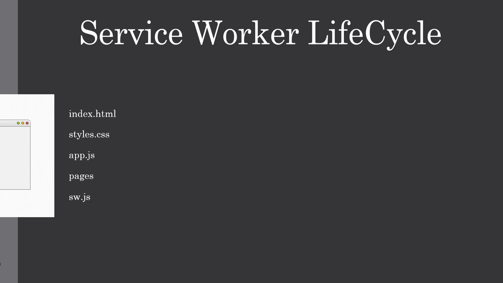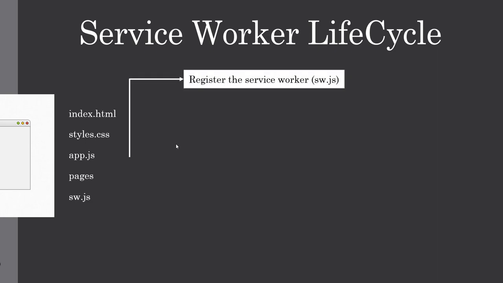So first off, for the life cycle, the app.js file will try to register our service worker, the sw.js, and it's going to invoke the install event. And we can add callback functions to this particular install event.